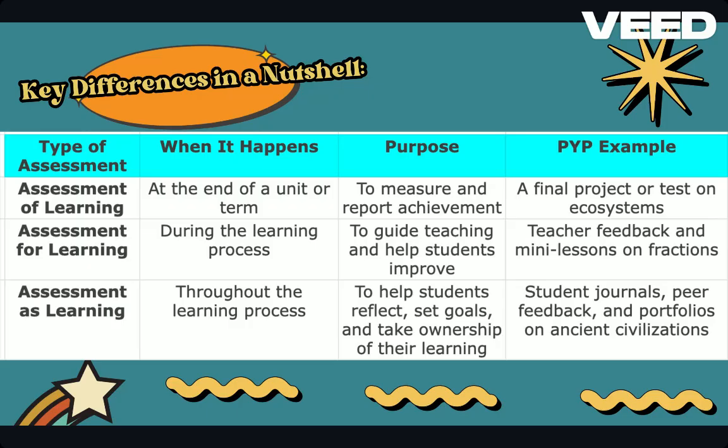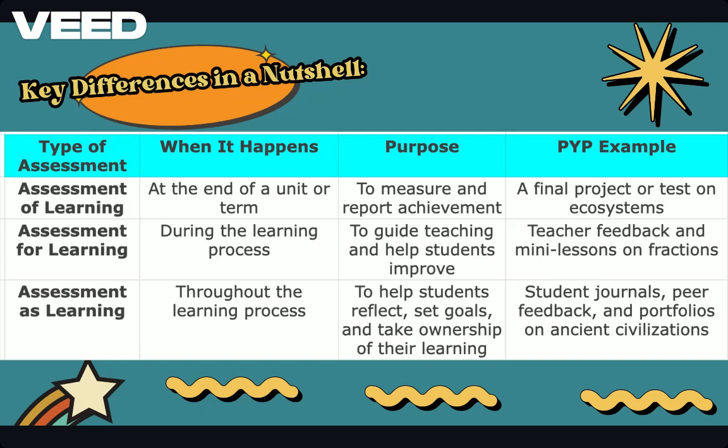Assessment for learning happens during the learning process, like formative tests, to guide teaching and help students improve: teacher's feedback and mini lessons on fractions. Assessment as learning happens throughout the learning process to help the students reflect, reset goals, take ownership of their learning, and become assessment capable learners. Student journals, student reflections, student portfolios, student-led conferences, etc. are the examples of assessment as learning.